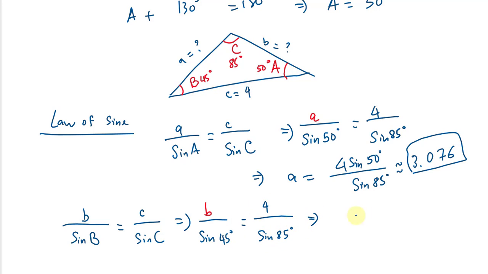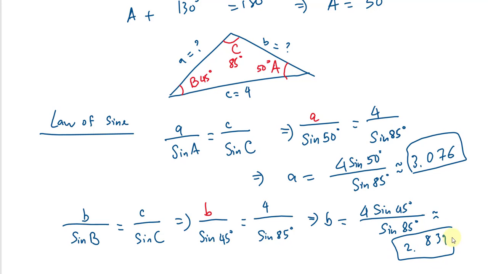Using cross multiplication I can solve for b, so 4 times sine of 45 divided by sine of 85. That's around 2.839.